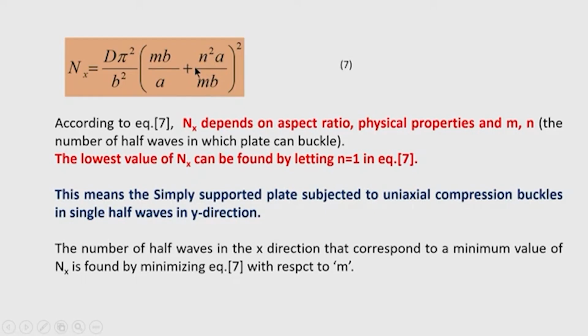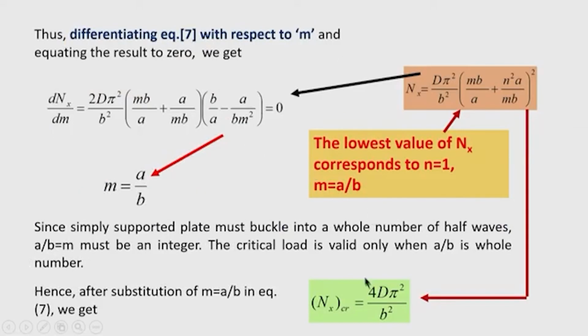So, 1 plus 1 is 2, 2 square is 4. So, we get the buckling load for such a case: Nx is the uniaxial compression that we have in our problem, and its critical value for m is equal to a by b is 4 D pi square by b square.